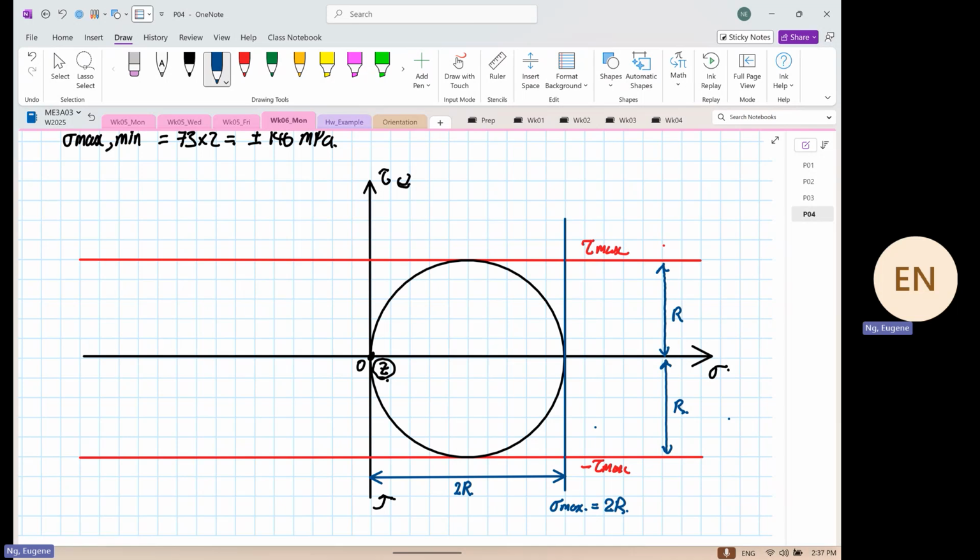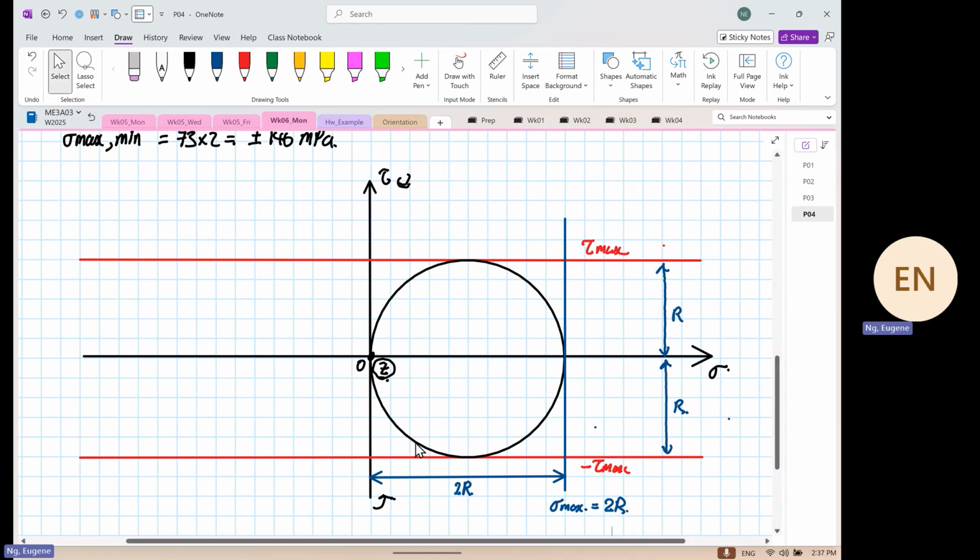Now some of you might ask me, Eugene, then where's point X and point Y? Point X and point Y can be within the circle, or it can be part of this big circle. Now if I move to the next side, this is the next possibility.